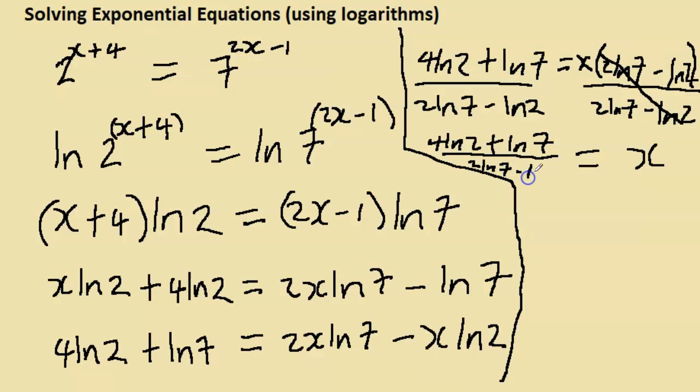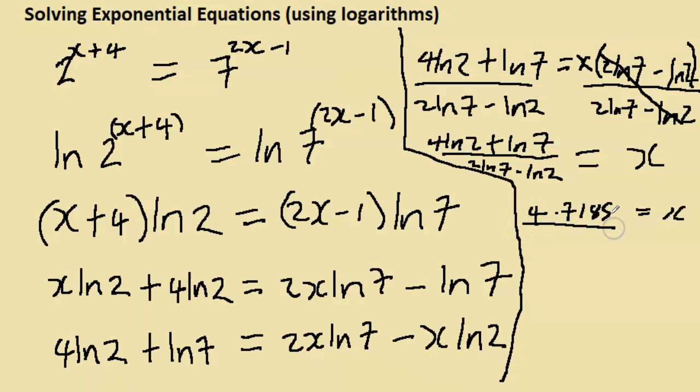Let's use our calculator to calculate the value of x. So the numerator would come to 4.7185.